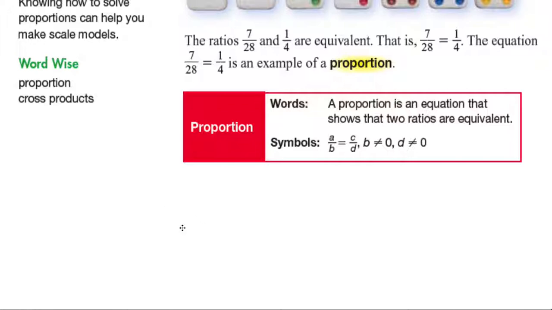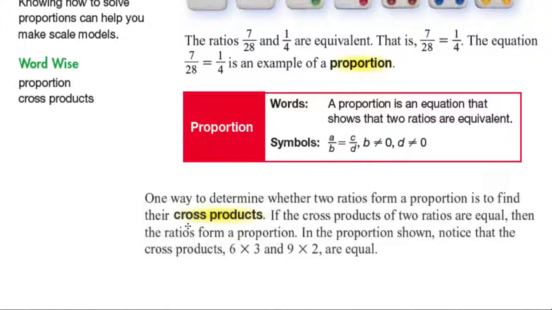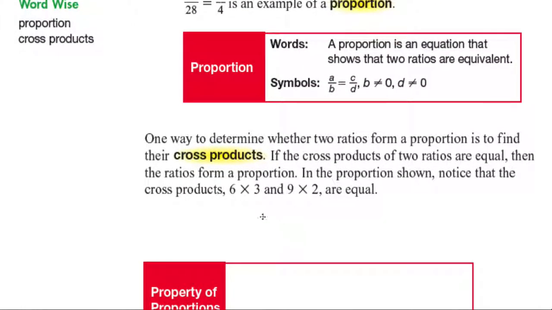Okay, so let's talk about what proportions are. One way to determine whether two ratios form a proportion is to find their cross products. If the cross products of the two ratios are equal, then the ratios form a proportion. So in the proportion shown here at the bottom, you notice that 6 over 9 is equal to 2/3. Why is that?